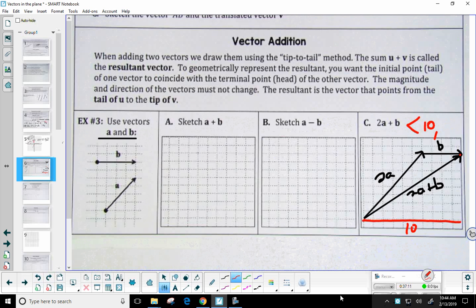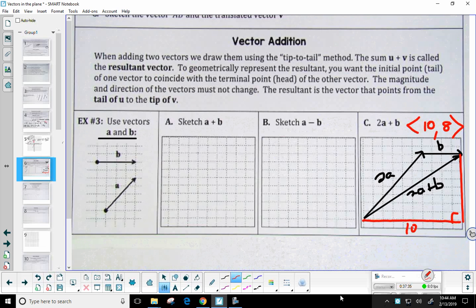And then how high do I need to go? 8. So whether you created the resultant like I did, or if you did it the reverse, how many people ended up with that 10, 8 component form? Very good, very good.